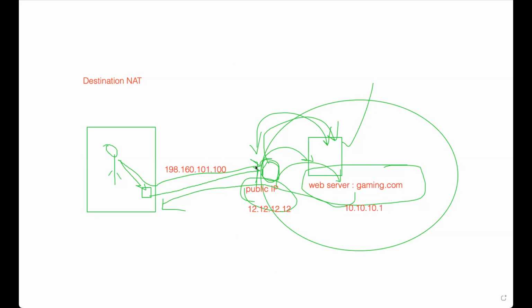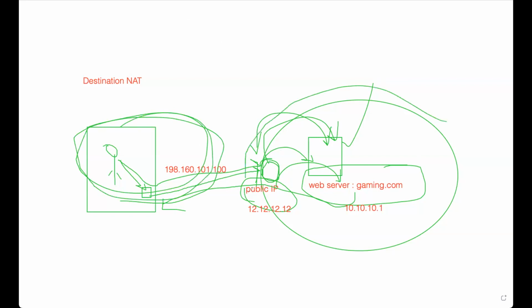So in this case, the destination translation is being done, but the source translation is not being done on your router. On your router, you are only creating the destination translation, but the source user will be translated at his public IP, at his home. You are not managing this piece, you are managing this piece because you own your company. Any questions on the destination NAT?